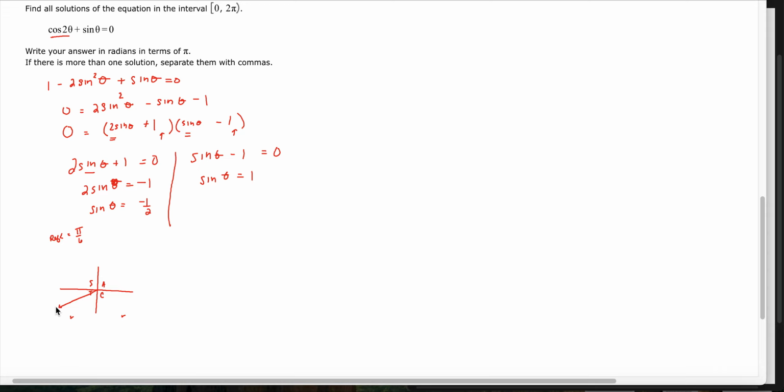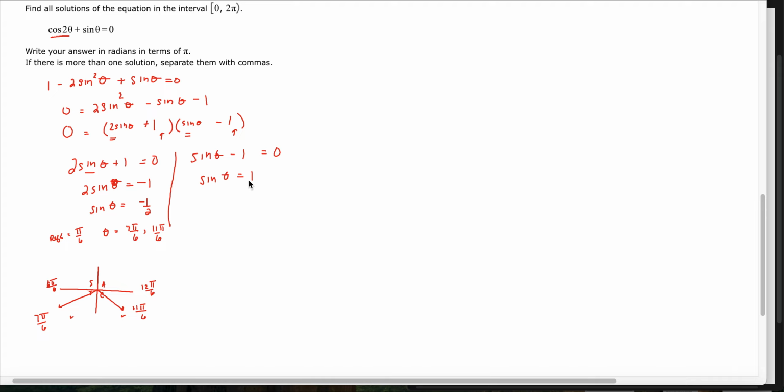So if I think of pi as 6 pi over 6, then this angle would be 7 pi over 6. And then over here in quadrant 4, let's think of 2 pi as 12 pi over 6. The angle with the reference angle of pi over 6 would be 11 pi over 6. So here on the left, on the interval from 0 to 2 pi, we would have 7 pi over 6 and 11 pi over 6.